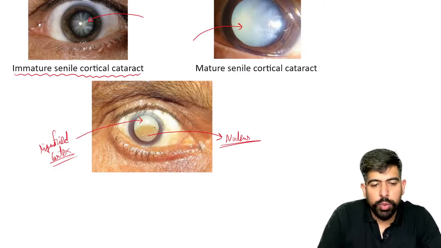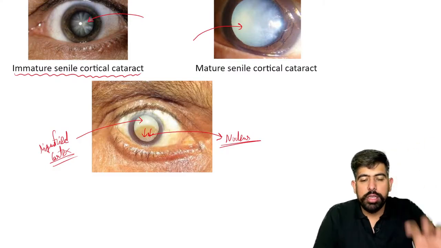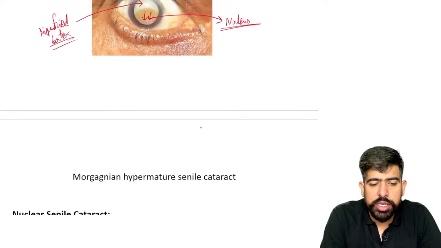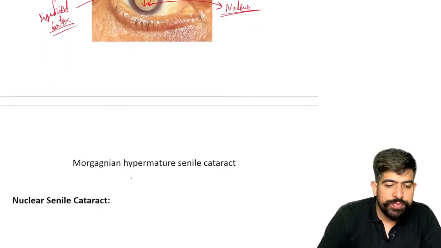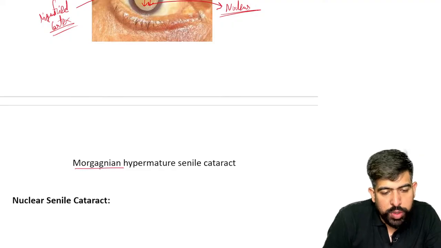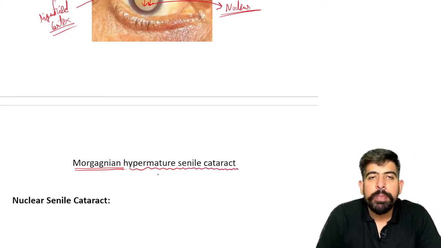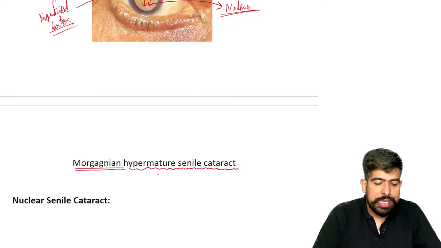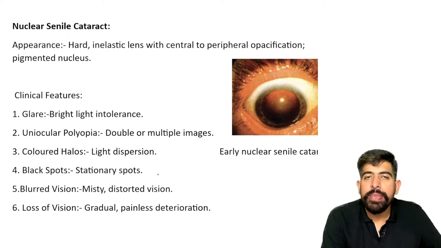It is coming downwards because the fluid-filled lens rests there. So this is known as the hypermature. It also has a special name, Morgagnian hypermature senile cataract.